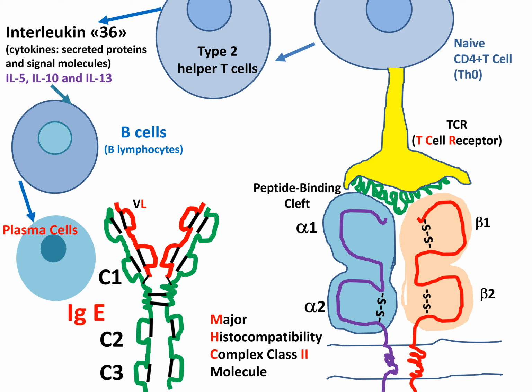These are the constant regions or constant domains in that immunoglobulin E. Now, at the top of these domains, we have the binding sites for the antigen.